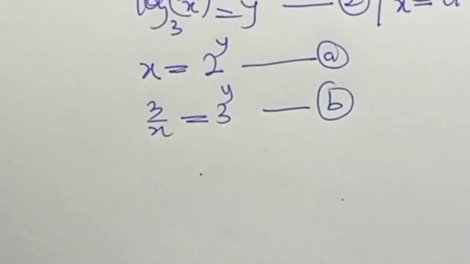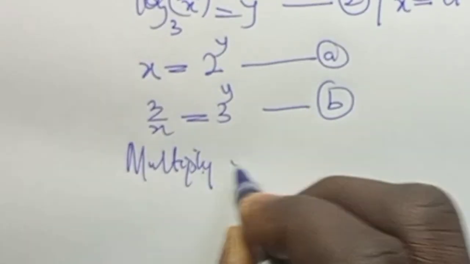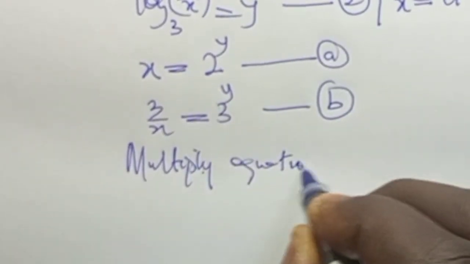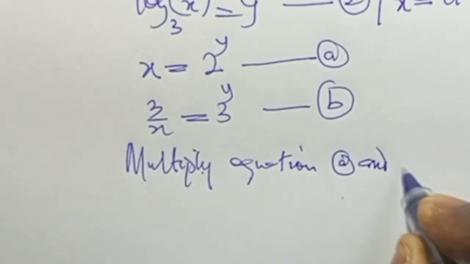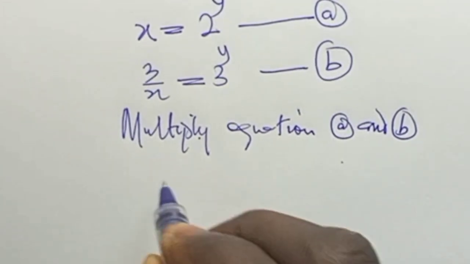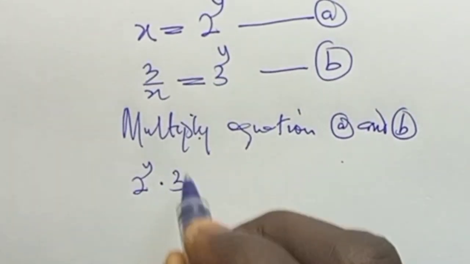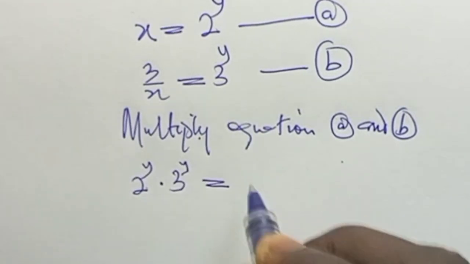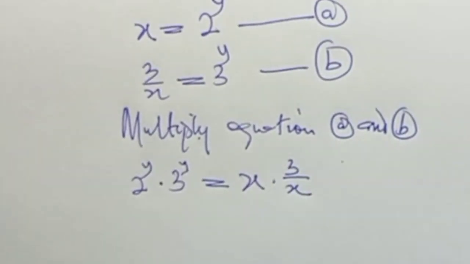So in the next line, we're going to multiply equation A and equation B, which will become 2 to power y times 3 to power y is equal to x times 3 over x.